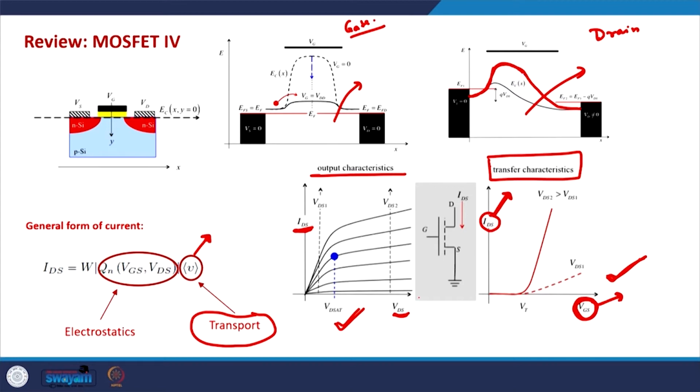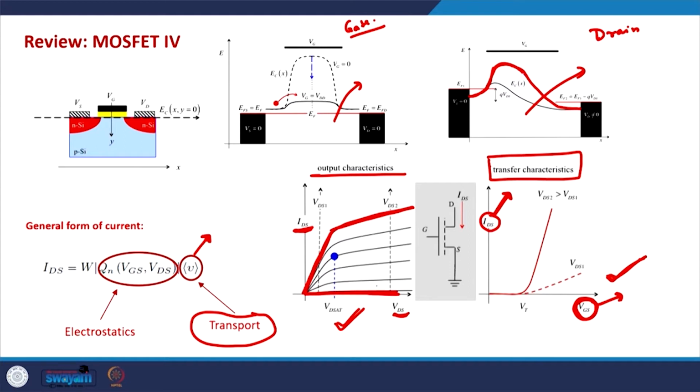In the output characteristics we also saw that there are three regimes. One is the linear regime, where VDS is very small and IDS increases linearly with VDS. Second is the saturation regime, where the current does not change significantly with the drain voltage, and the third regime, which is not properly visible in these plots, is the sub-threshold regime.